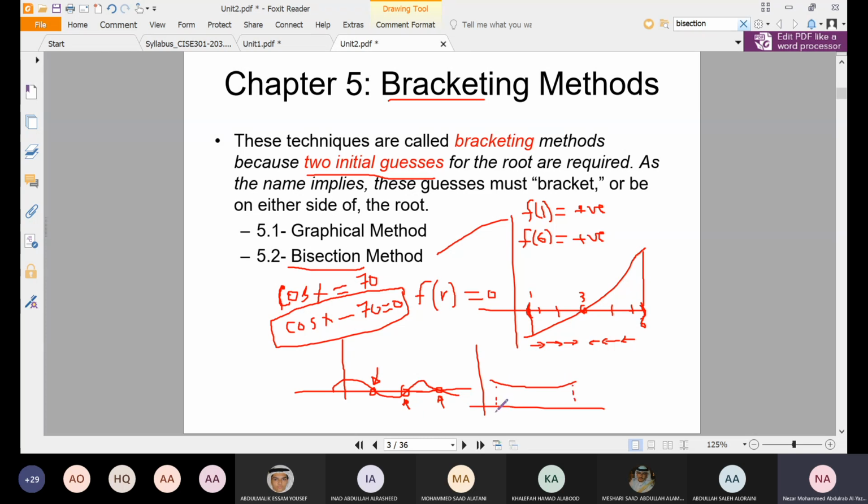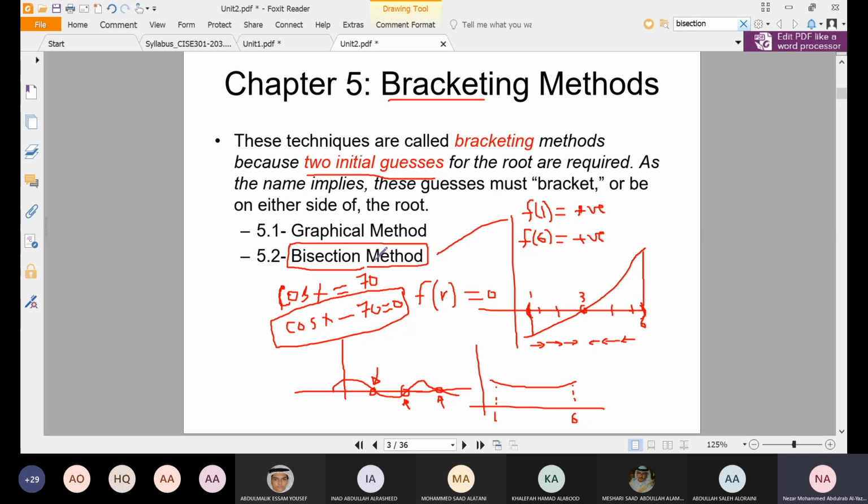So the bisection method is not applicable in this case, because if I get positive and positive, maybe the system has a double or even number of roots, or maybe we don't have any roots. So in this case, the bisection method is not applicable.